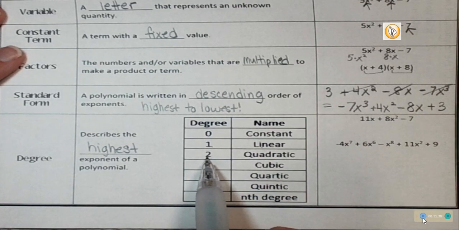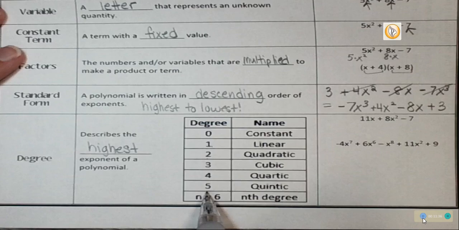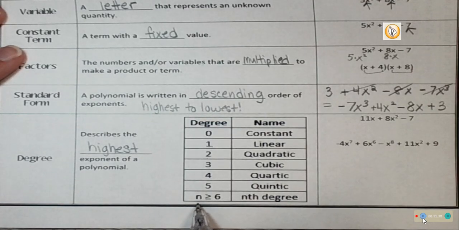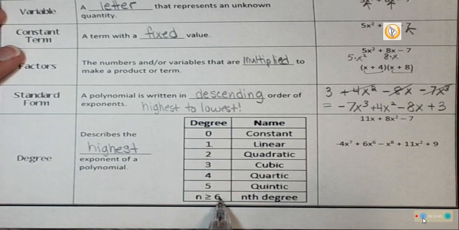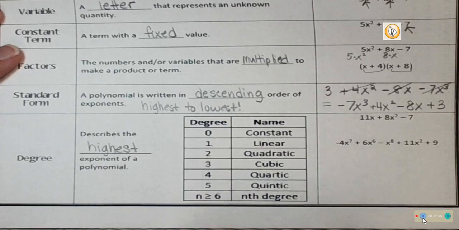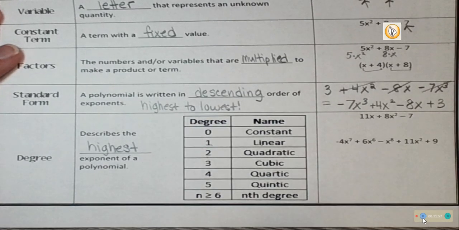If the highest exponent is 2, it is quadratic. 3 is cubic, 4 is quartic, 5 is quintic, and anything 6 or greater, you say the nth degree, meaning whatever number it is. Like if it was 6, it would be the 6th degree. If the highest exponent was a 52, it would be the 52nd degree. Okay, we're not going to have all that.